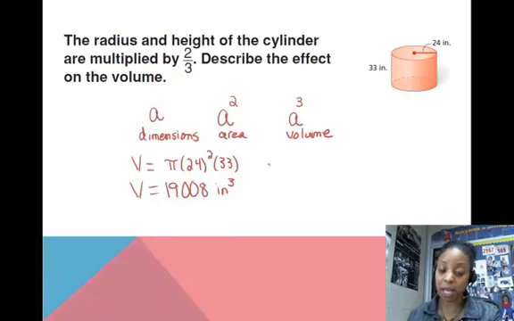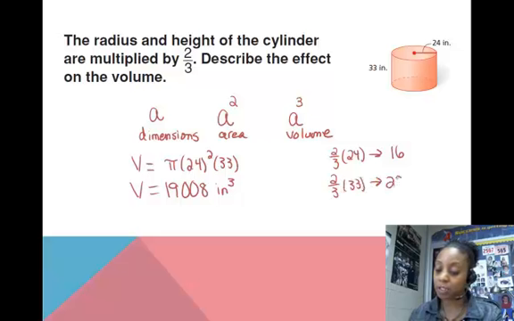Now, after we multiply both of these by 2/3, so if we multiply 2/3 of the radius, our new radius is 24 divided by 3 is 8, times 2 is 16. And if we do 2/3 of the height, that's going to be 22 inches for our new height.